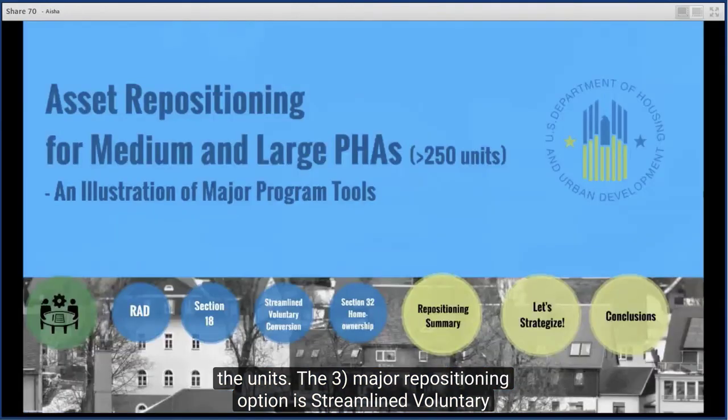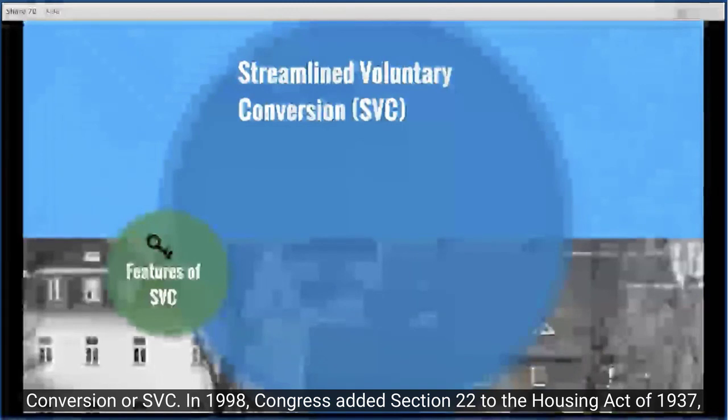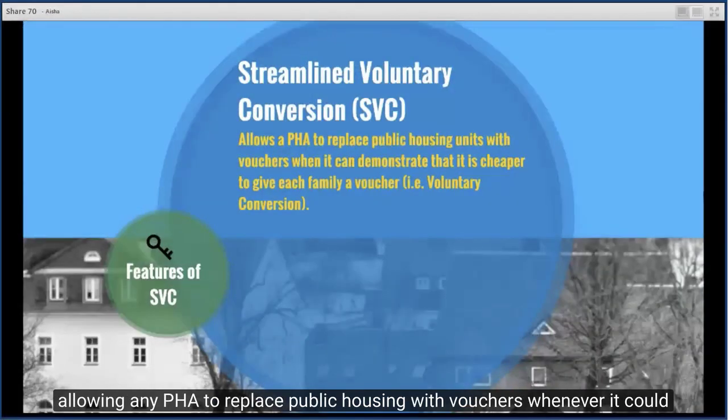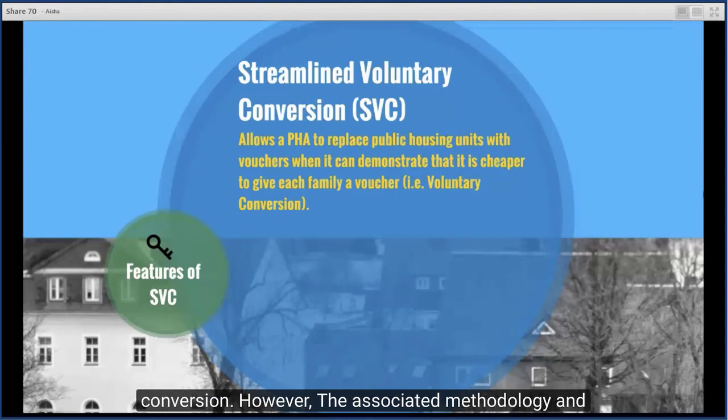The third major repositioning option is Streamlined Voluntary Conversion, or SVC. In 1998, Congress added Section 22 to the Housing Act of 1937, allowing any PHA to replace public housing with vouchers whenever it could demonstrate that it was cheaper to give each family a voucher, that is, voluntary conversion.